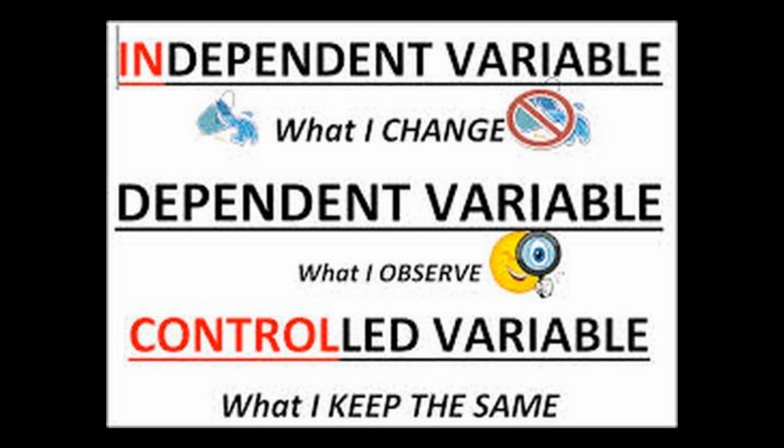You need to have one independent variable, what you actually change, and a dependent variable, what you observe, and the next one is the controlled variable, what you keep the same from the beginning of your study. If you keep changing everything at one time, you will not know which one is actually giving you the change. So please change one at a time.